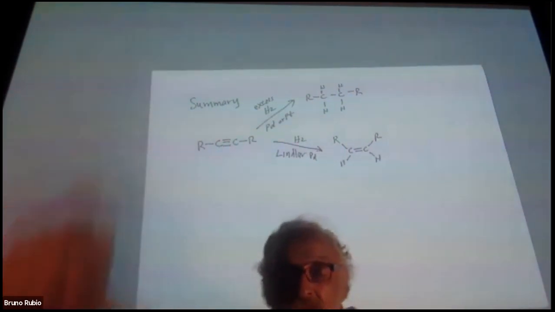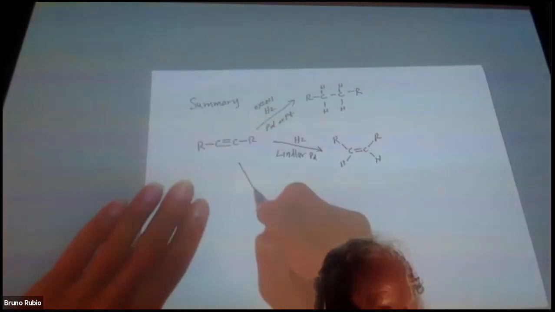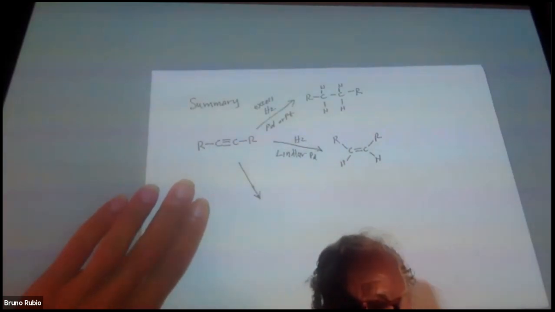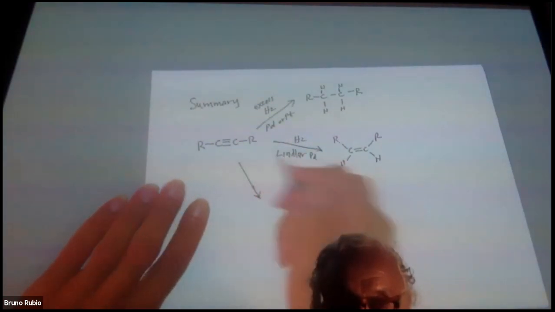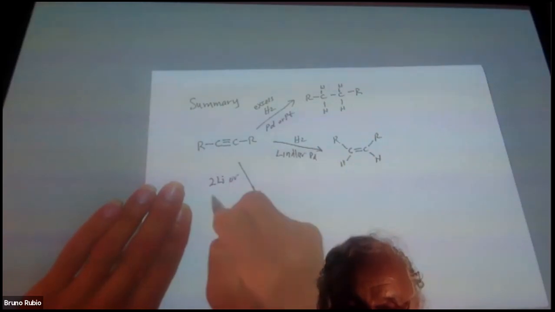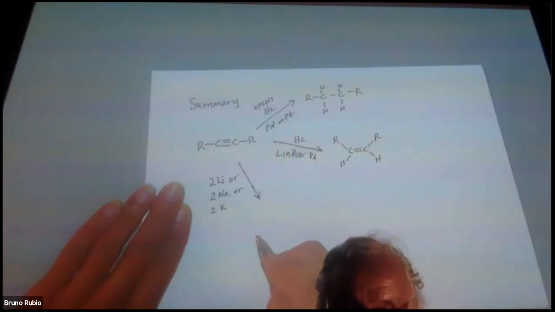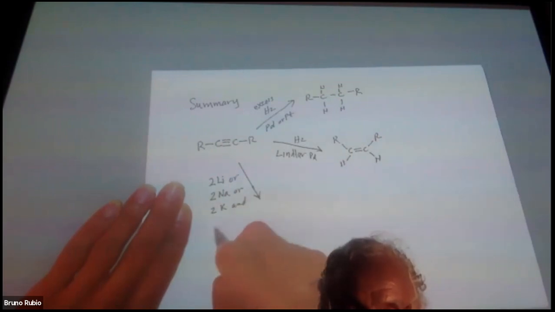The Lindlar catalyst is a poison catalyst. It is deactivated, so we won't get the alkane. Or we could use this dissolving metal reduction. 2 moles of lithium or 2 moles of sodium or 2 moles of potassium and 2 moles of ammonia.